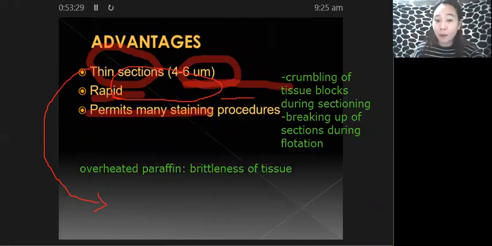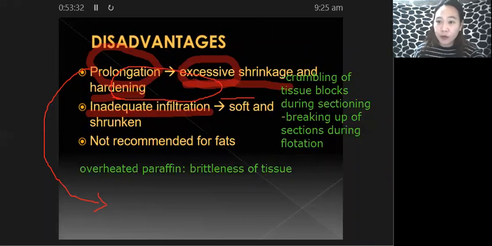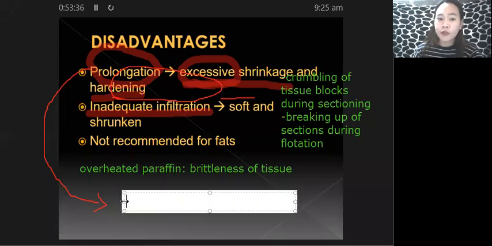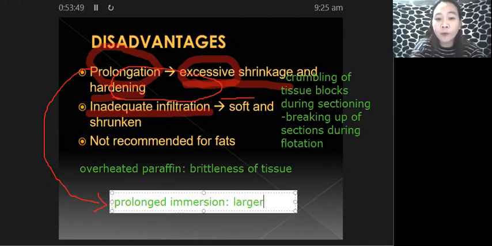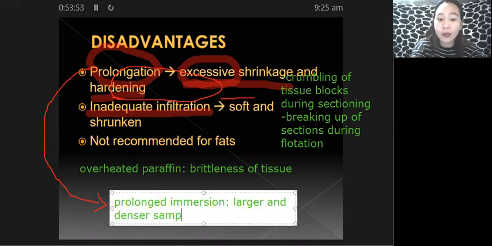Why is it a problem? Because a longer immersion of your tissue sample is already considered prolonged immersion. Prolonged immersion is really needed if you are going to process larger and denser samples.